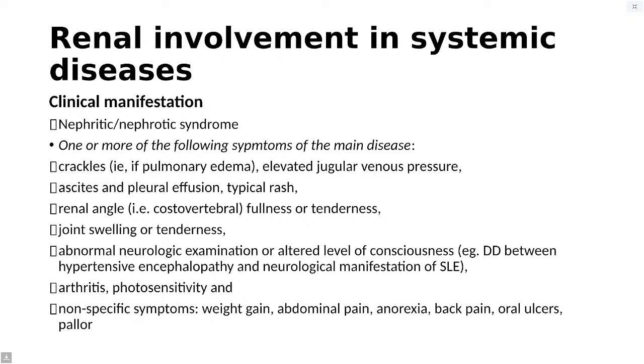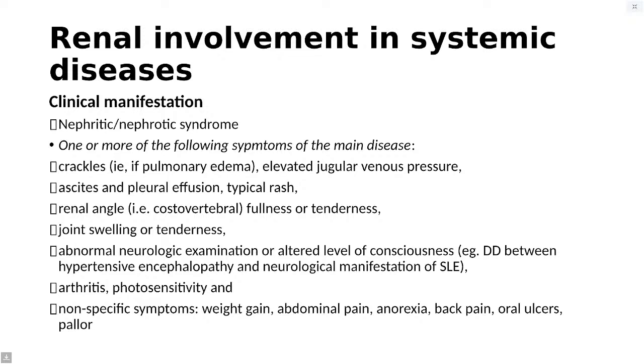Clinical manifestations in systemic disease with renal involvement are first nephritic or nephrotic syndrome, and one or more of the following symptoms of the main disease: crackles if there is pulmonary edema, elevated jugular venous pressure, ascites and pleural effusion, typical rash, for example in lupus erythematosus, renal angle fullness or tenderness, joint swelling or tenderness, abnormal neurological examination or altered level of consciousness.